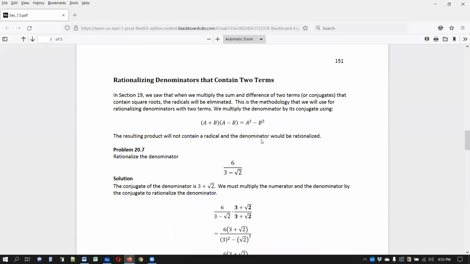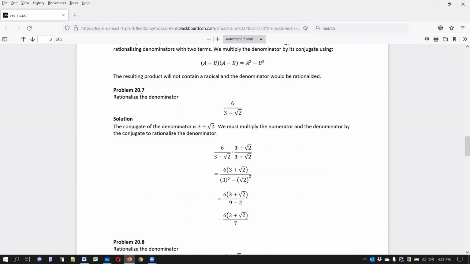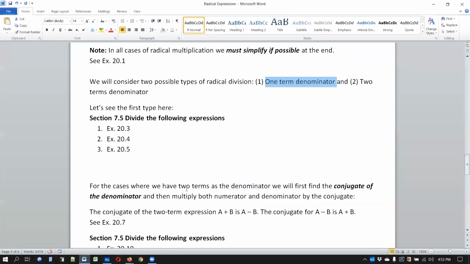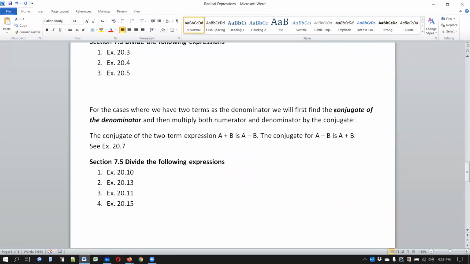The second case is when we have something like problem 20.7, where we have 2 terms for my denominator. It doesn't really matter if I have one radical or two radicals. The procedure is going to be the same. We are going to do a special type of multiplication involving what we call the conjugate of the denominator.